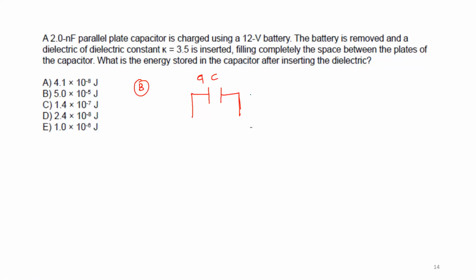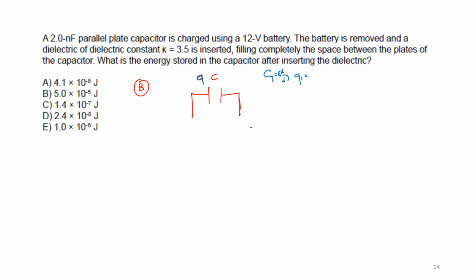So now, before, it was this capacitor that has a capacitance C and that has a charge Q. So of course, C1 was epsilon naught A divided by D. And Q1 is CV. It's fully charged and it's fixed here.